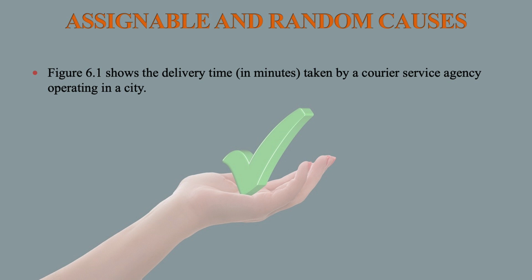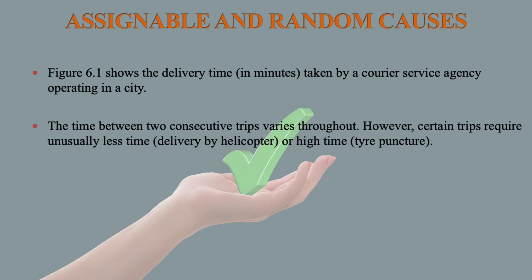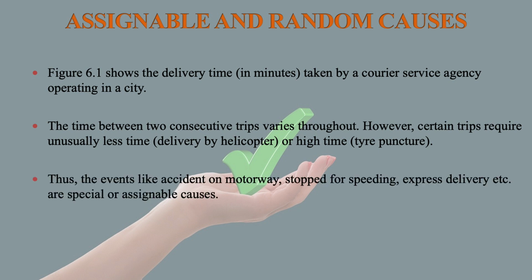The figure shows the delivery time in minutes taken by a courier service agency operating in a city. The time between two consecutive trips varies throughout. However, a shortened trip requires unusually less time, like delivery by helicopter, or a high time like a tire puncture. Thus, events like an accident on the motorway, a stop for speeding, express delivery, etc. are special or assignable causes.